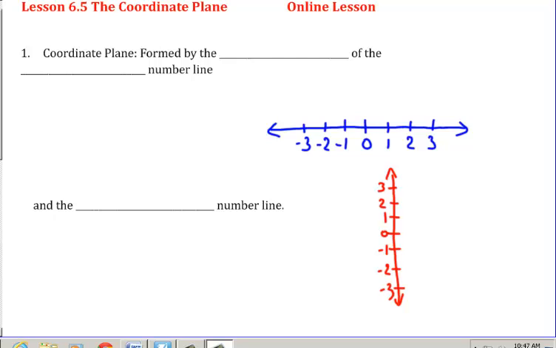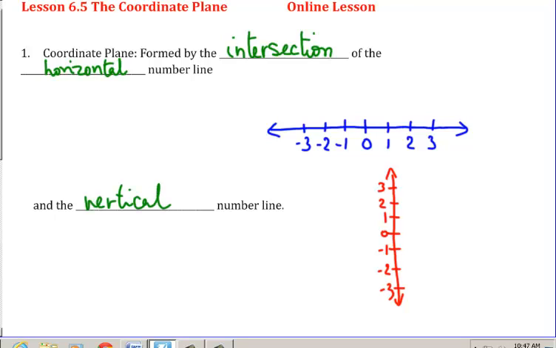This is lesson 6.5, the coordinate plane from chapter 6. A coordinate plane, what is it? It is formed by the intersection, that means crossing. It's caused by the intersection of the horizontal number line, which is the blue on the screen, and by the vertical number line.